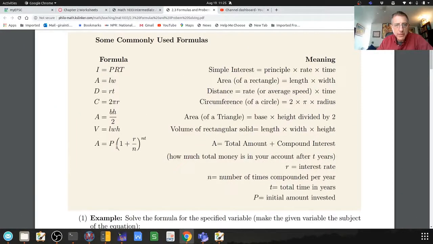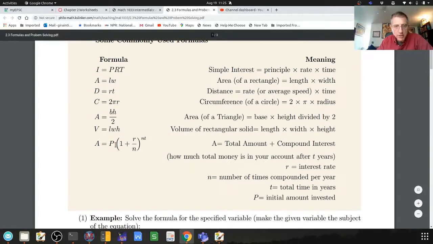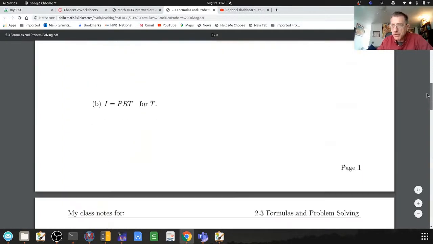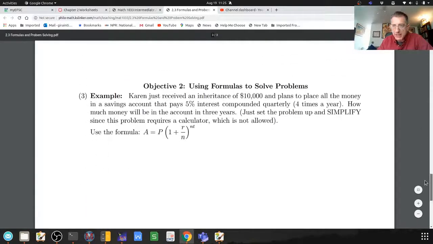So A is equal to P times 1 plus R divided by N, raised to the NT. That's the total amount plus your compound interest. In other words, how much total money is in your account after T years. So when you multiply it by P, that's going to give you your total amount. So I changed that. That's a small change.